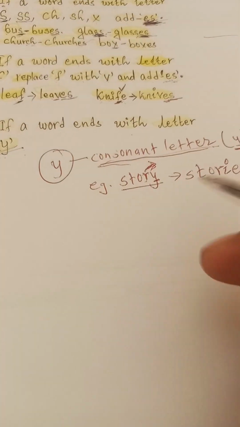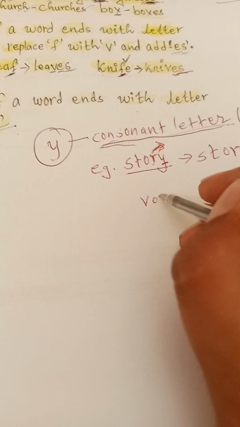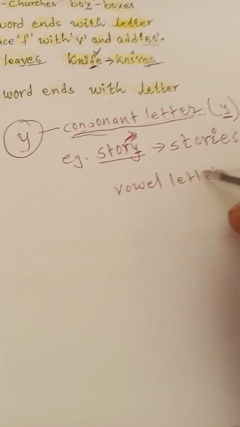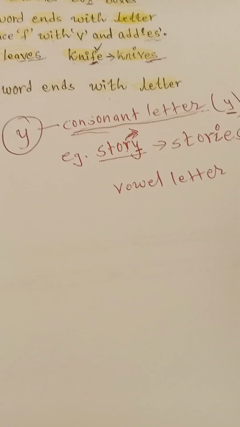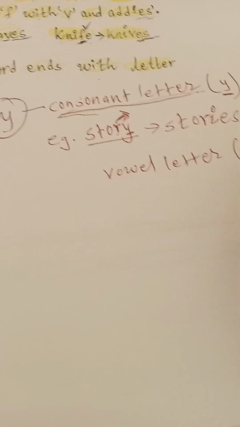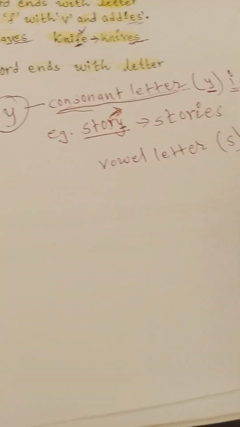If before letter Y there is a vowel letter, we simply add only S to form plural.